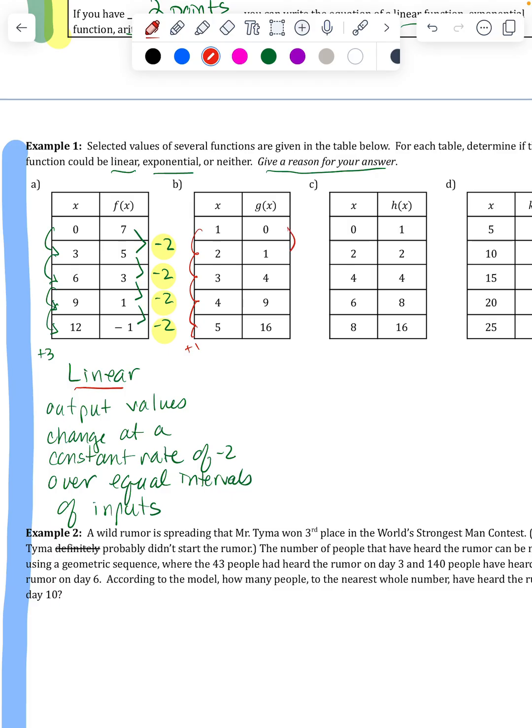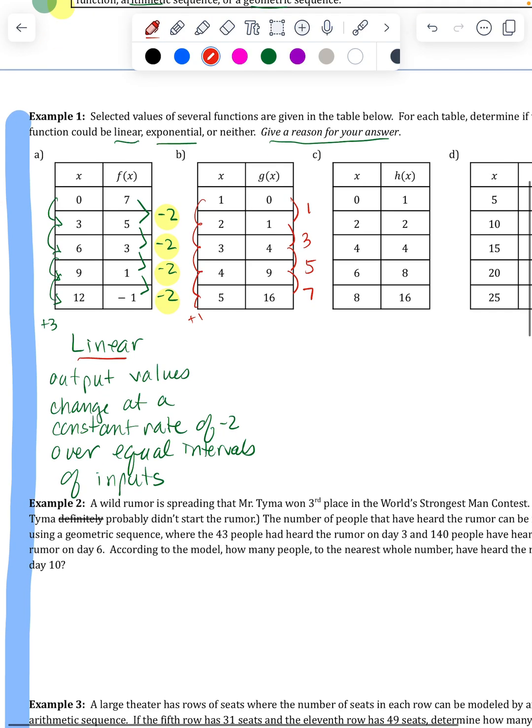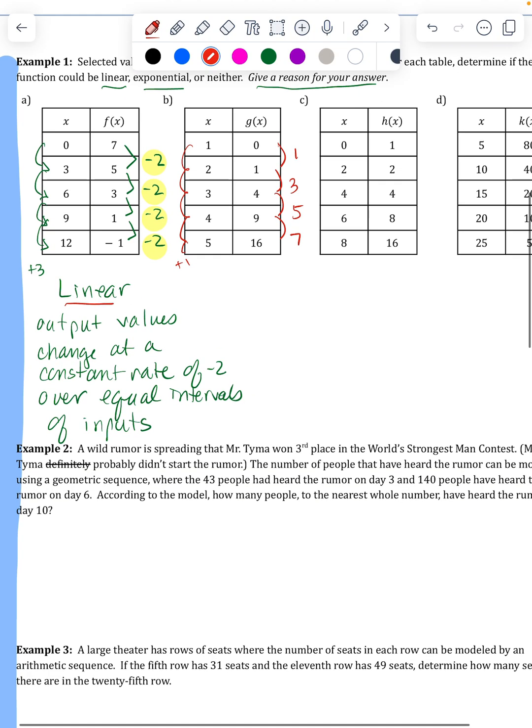When I look at this, I see that this increases by 1, this increases by 3, this increases by 5, and this increases by 7. So it's definitely not linear, because obviously 1 and 3 and 5 and 7 are not the same. I can see a pattern, but they are not proportionate.